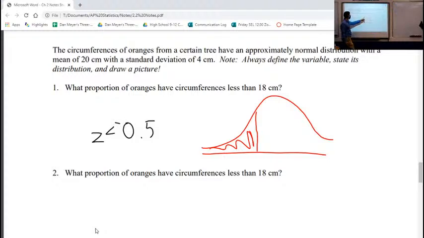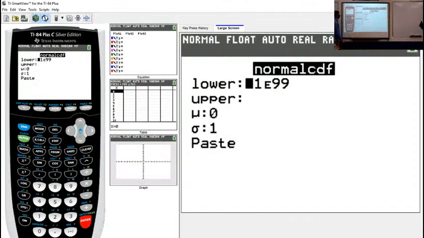If we're looking at z-scores, then it's the z-score that we found, negative 0.5. In the calculator, I always say to put a really big negative number in for negative infinity, but as long as it's a really big negative number, that'll be good enough.